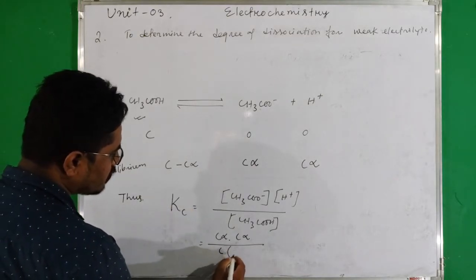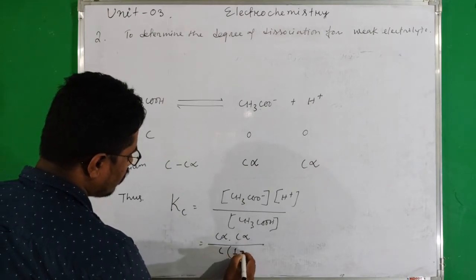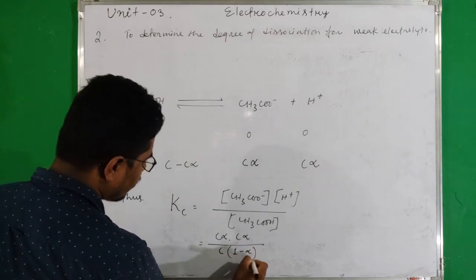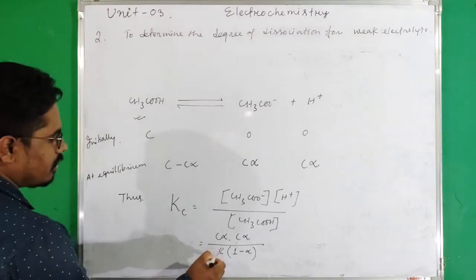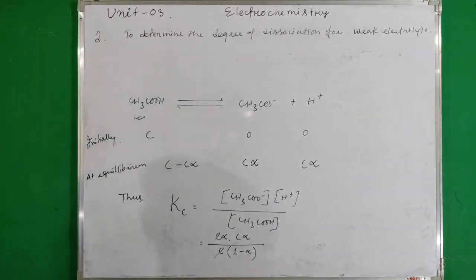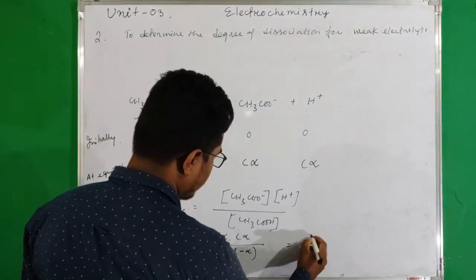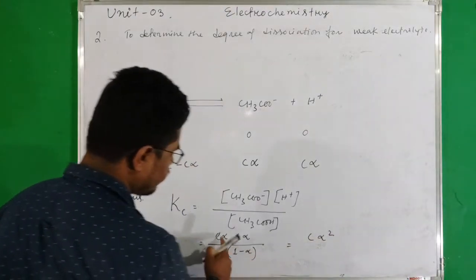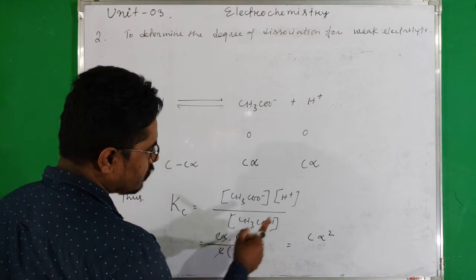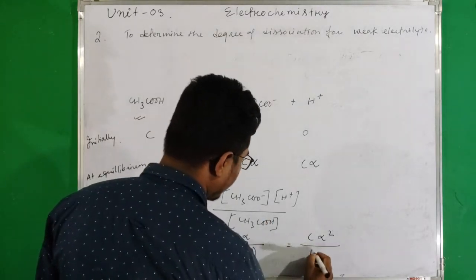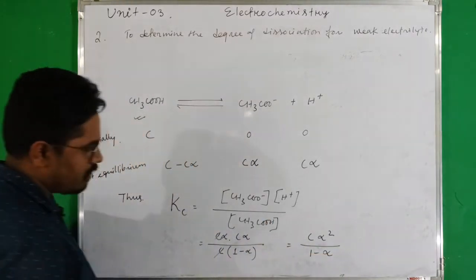So when we take C as common, the result is C into 1 minus alpha. Then one C will cancel with another and the result is C alpha square divided by 1 minus alpha.